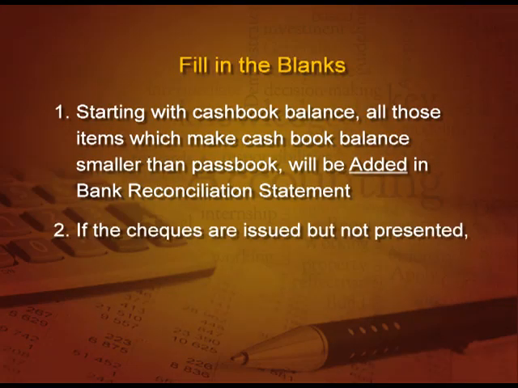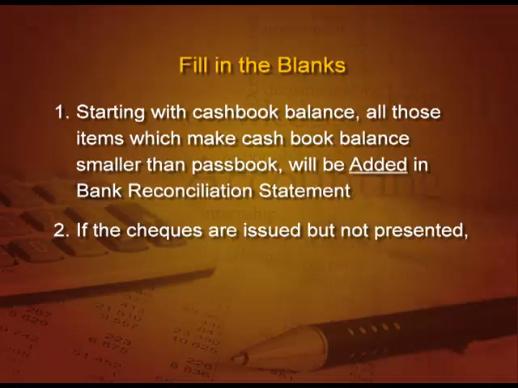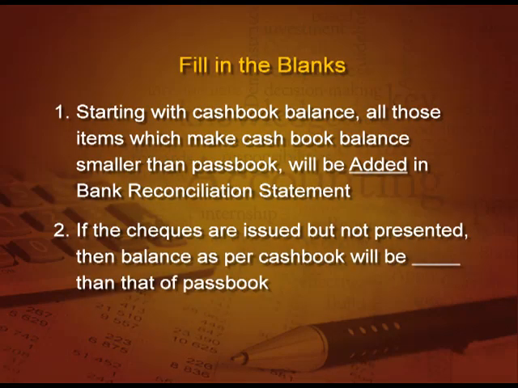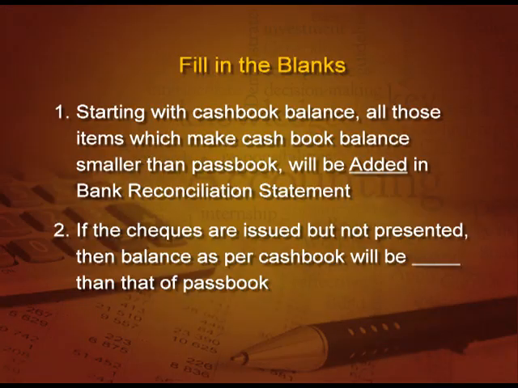Second point, if the checks are issued but not presented, then balance as per cash book will be dash than that of passbook. Yes, less than that of passbook, because when we issue the check, cash book is reduced.